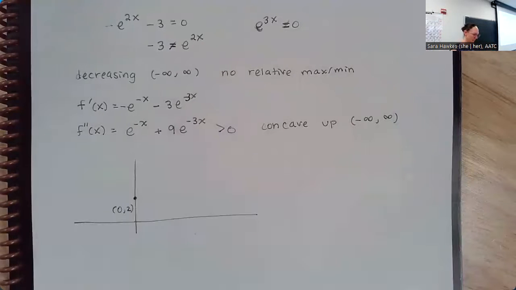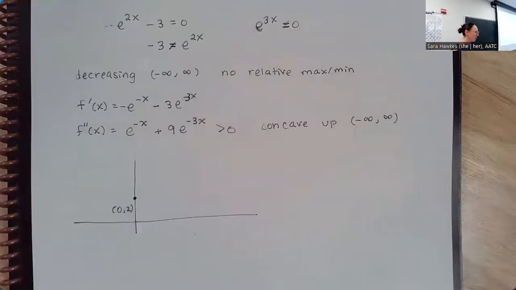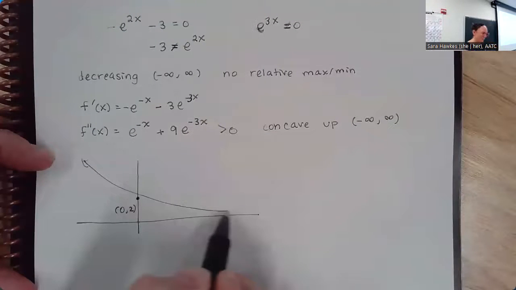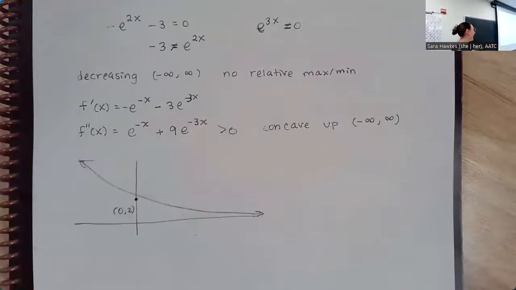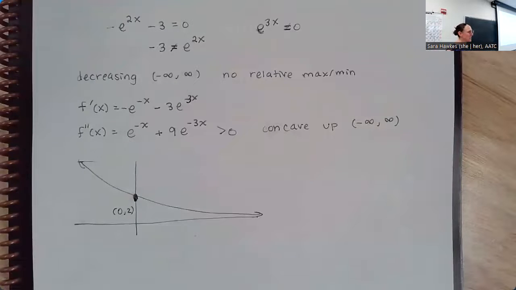I know it's decreasing everywhere and concave up everywhere. So it's kind of just going to look like, okay, I missed, we'll just make the circle bigger. It's kind of gonna look like that. It's gotta be decreasing and concave up everywhere.